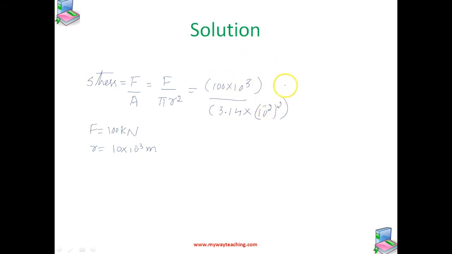If you solve this, it becomes 10 raised to 5 over 3.14 into 10 raised to minus 4. We'll get it as 3.18 into 10 raised to 8 Newton per meter square.